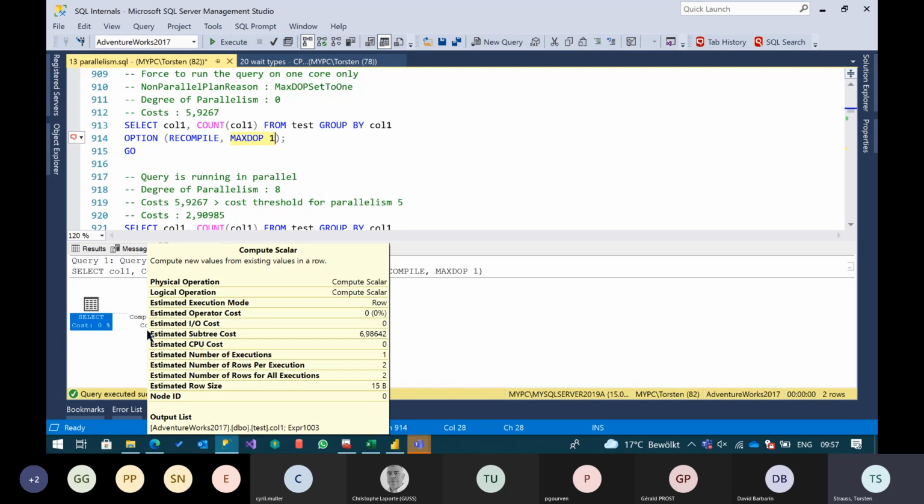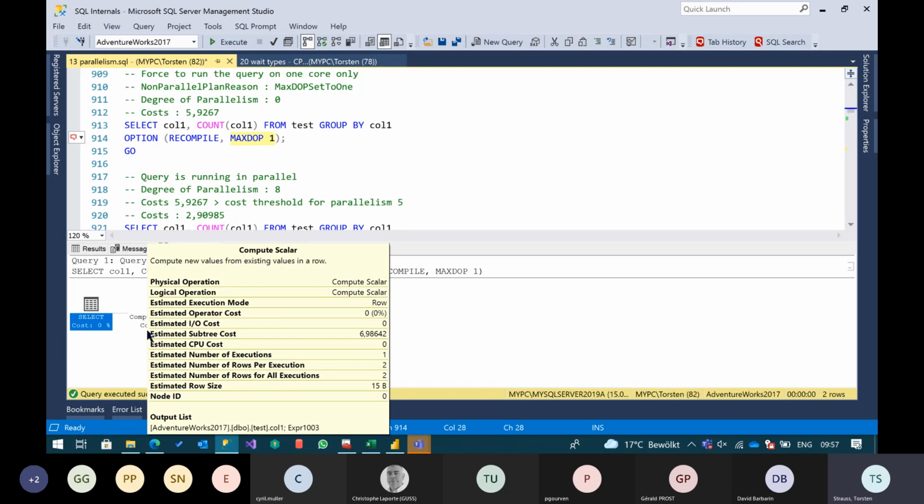And again, this is not a guarantee, because there are several operators, like a top operator, for example, which cannot even be executed in parallel. That means some queries, even if the estimated costs are much bigger than the cost threshold for parallelism set on an instance level, cannot be executed in parallel because of the algorithm of the operator.